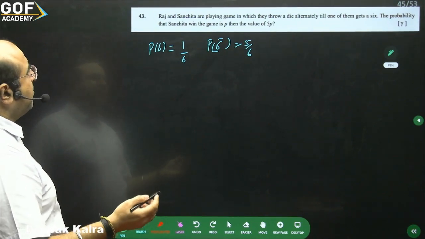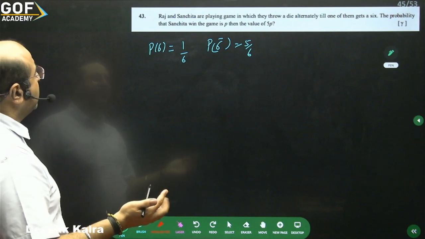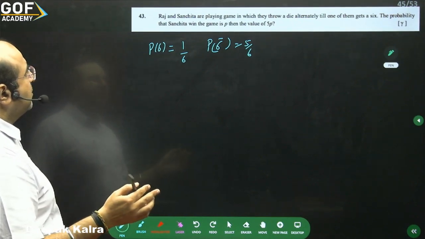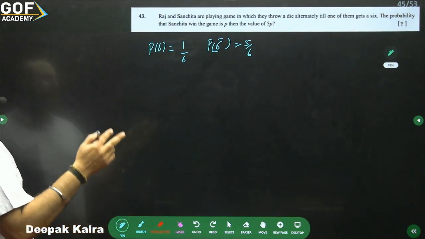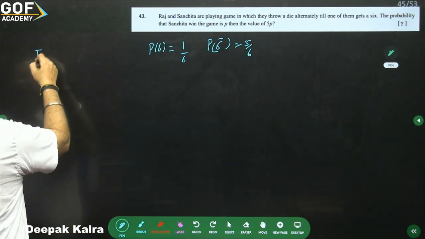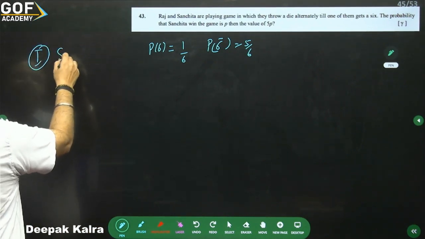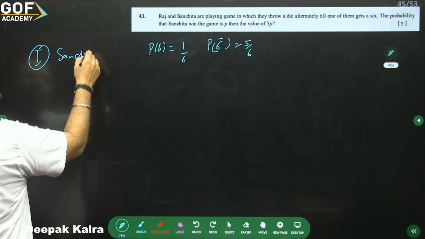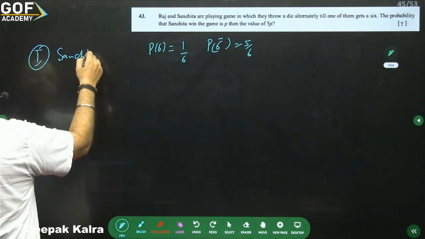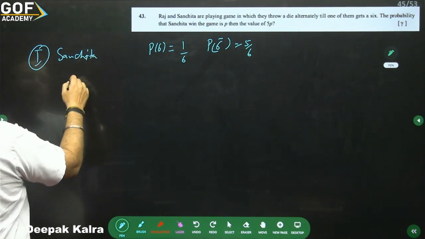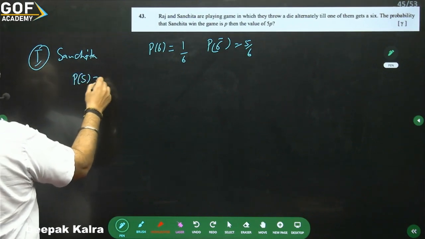It is a problem where I don't know who is starting the game, Raj or Sanchita. Yes, two cases. Case 1, you take it, Sanchita started the game. Okay.